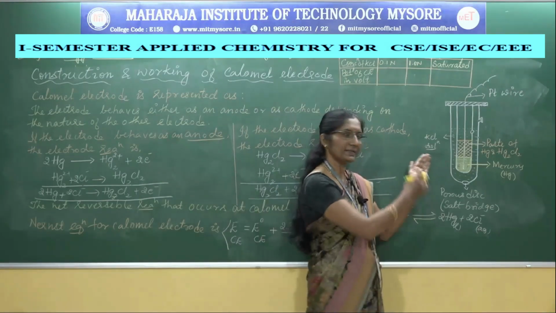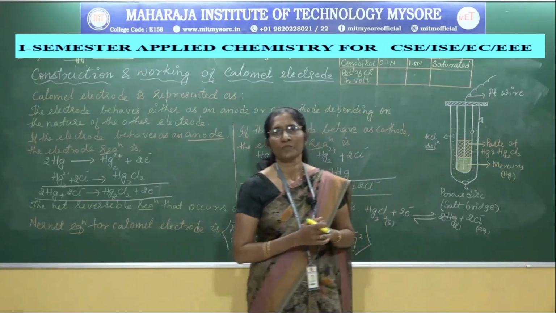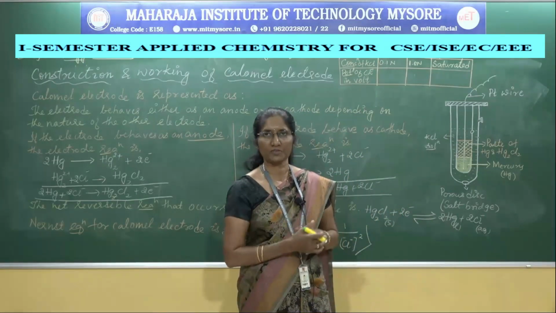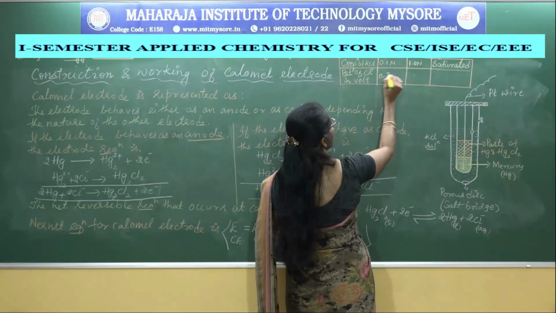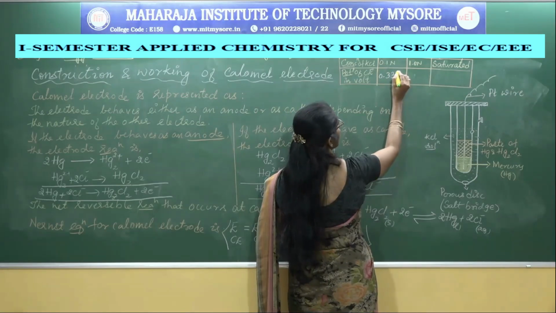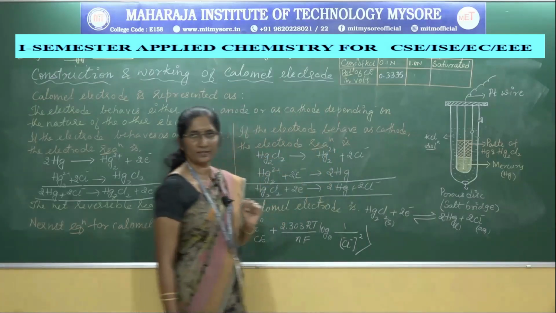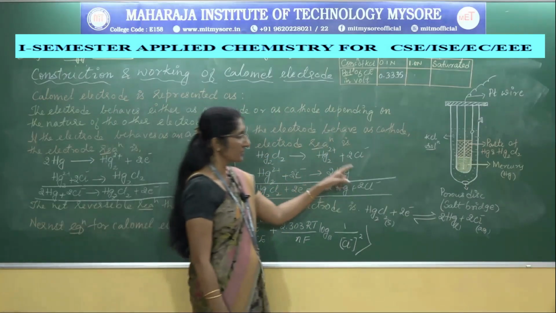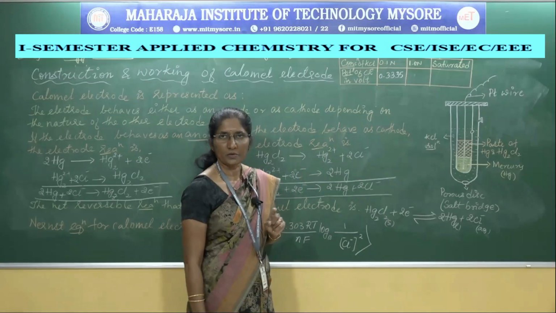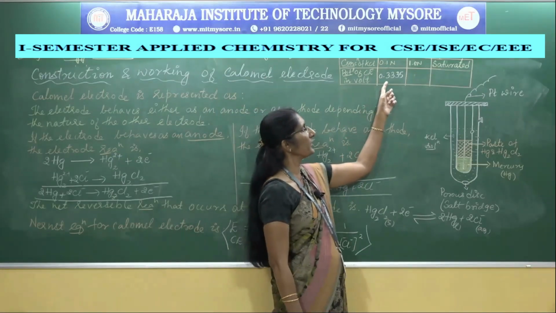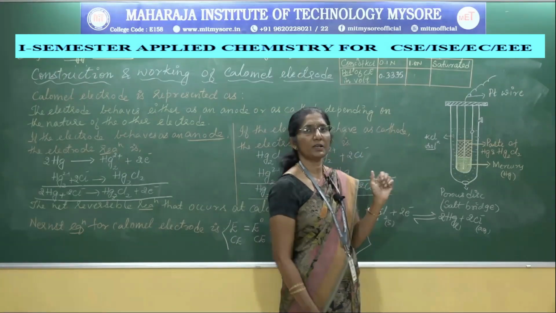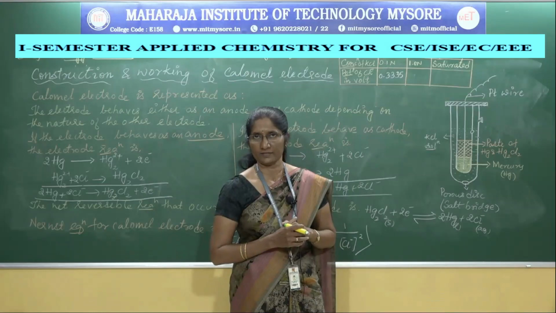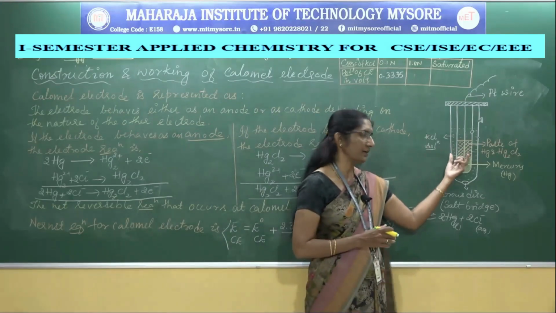If we couple this decinormal calomel electrode with a standard electrode and measure the potential, we get the value as 0.335 volt. Observe that generally the potential is expressed in volt. So the decinormal calomel electrode value is 0.335 volt.